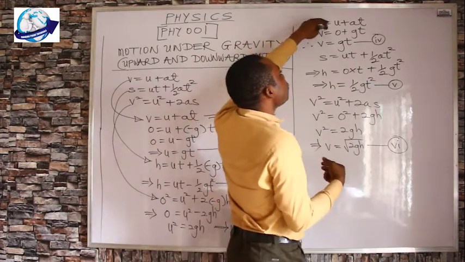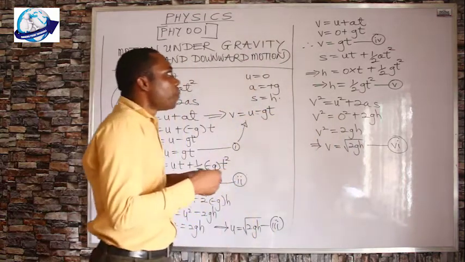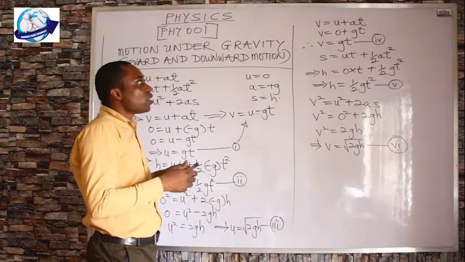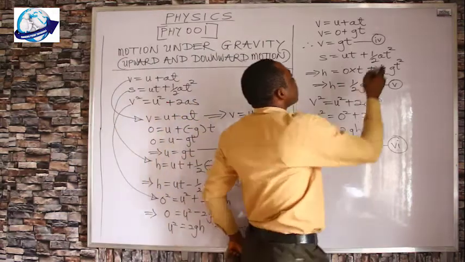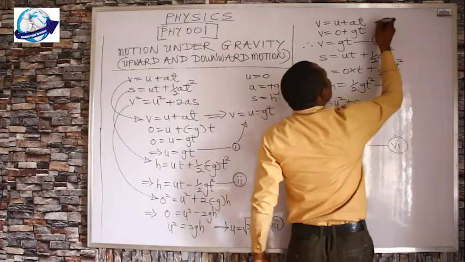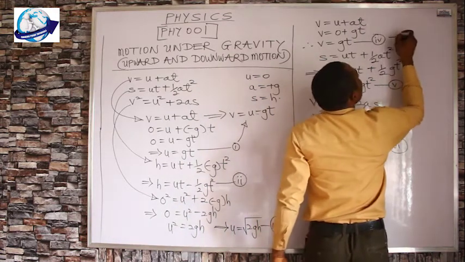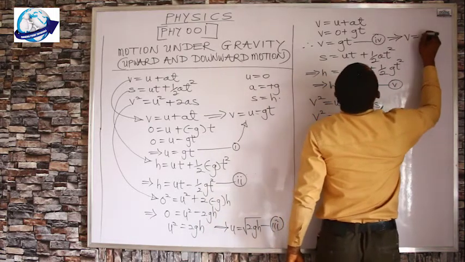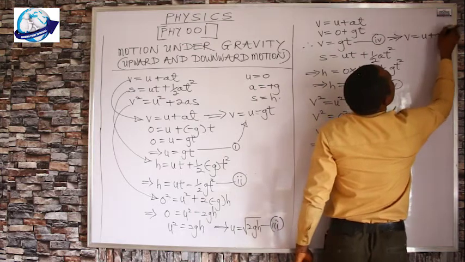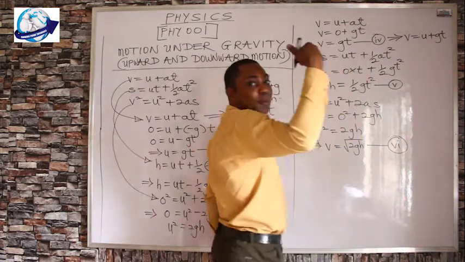We have V equal to U plus AT. Then, let's assume the body was not falling freely from rest. Then this equation becomes V equals U plus GT, if it's not falling freely from a height above the ground.